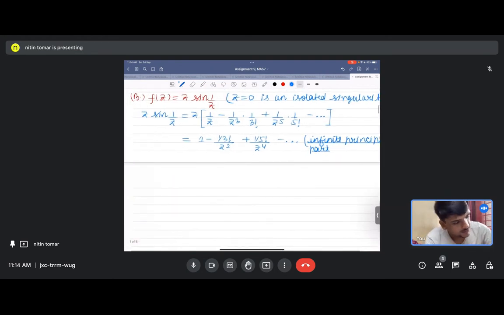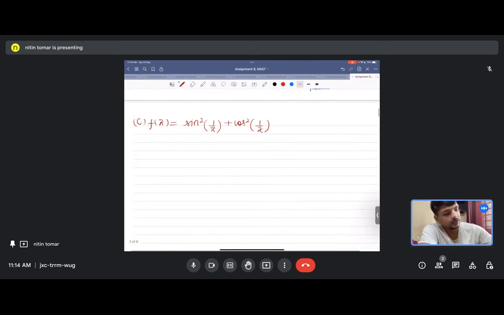The function in this case is f(z) is sine square 1 by z plus cos square 1 by z. Then as you can see, z equal to 0 is the only point of singularity, hence it is an isolated singularity.